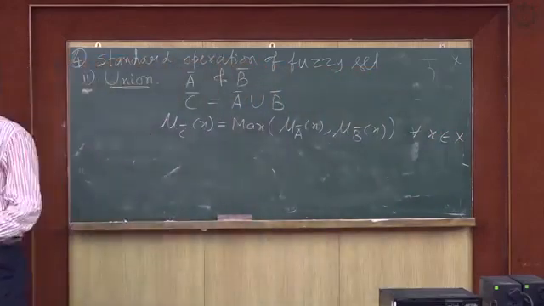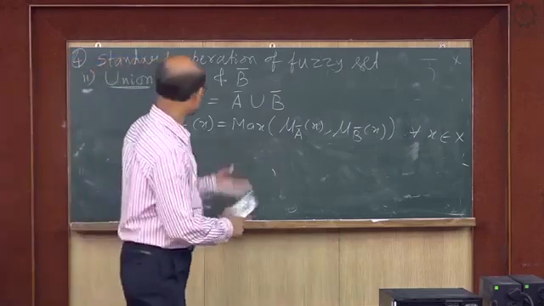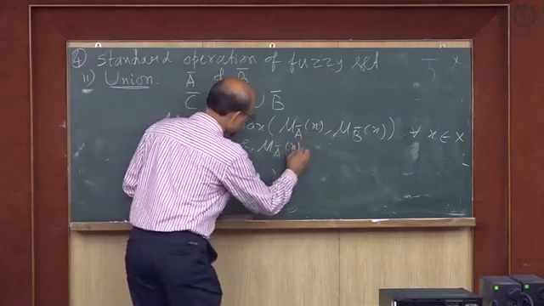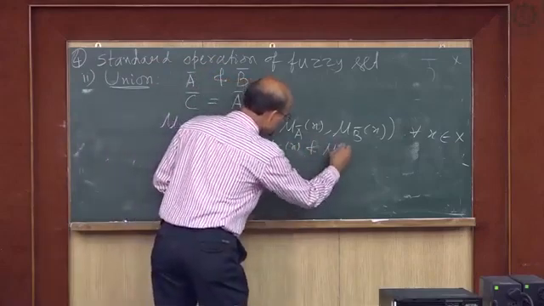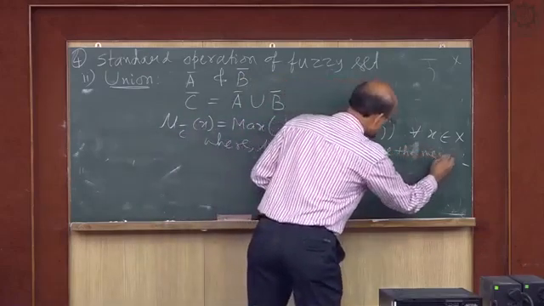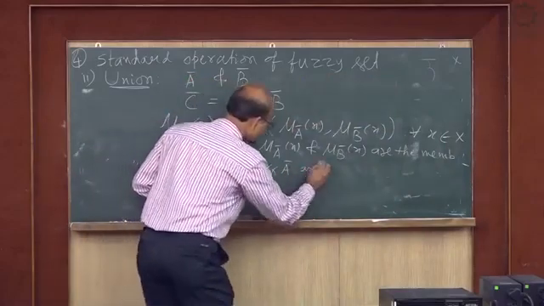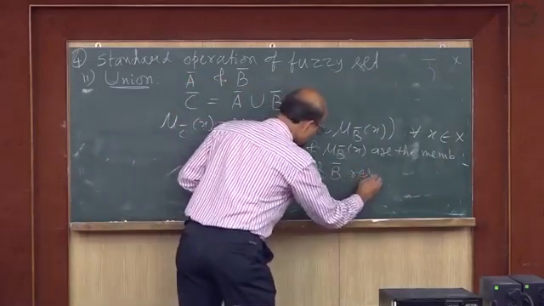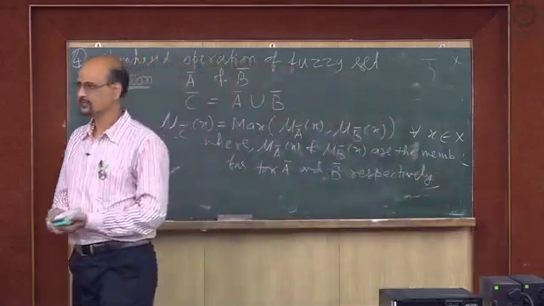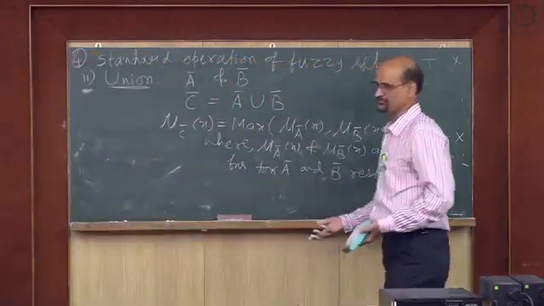Understanding? Very simple. You have two fuzzy sets A bar and B bar, where mu A bar x and mu B bar x are the membership functions of A bar and B bar respectively. You have to take only the maximum of these two values.